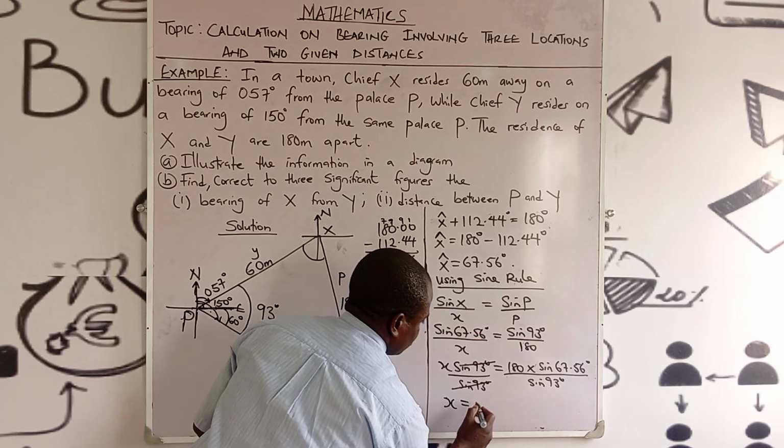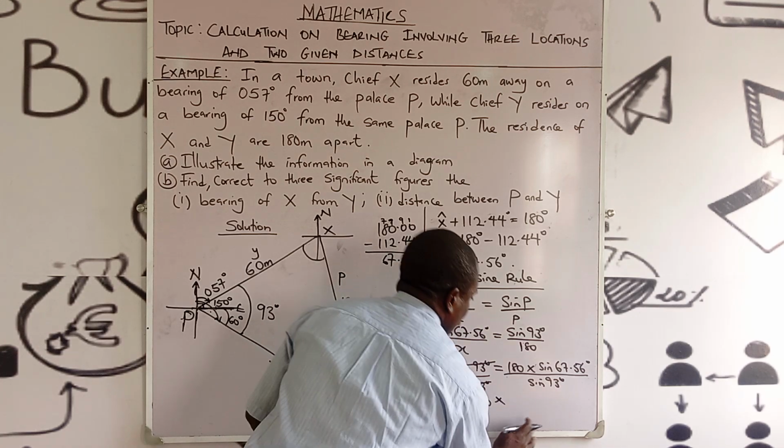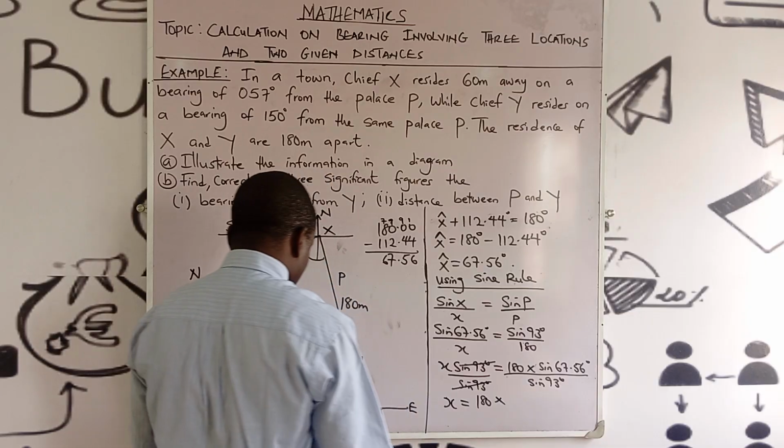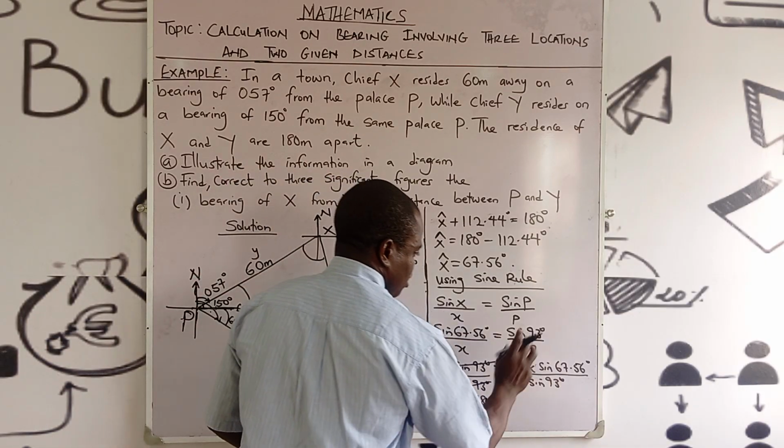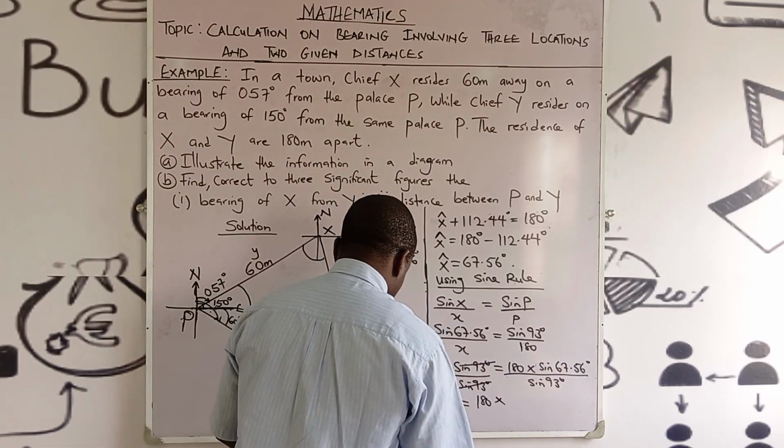You're left with x equals 180 multiplied by sine 67.56. When you press your calculator, just press sine 67.56.